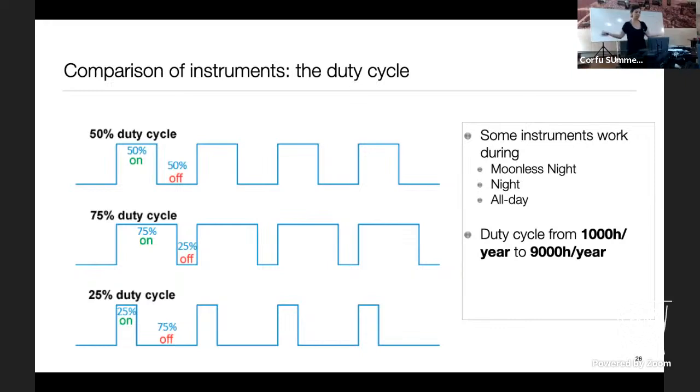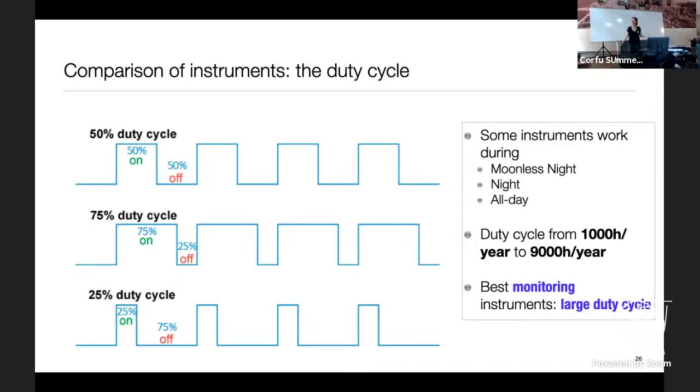It's extremely variable. And now let's assume that you want to see events, you want to monitor events, right? Then you need to cover the sky as much as possible.